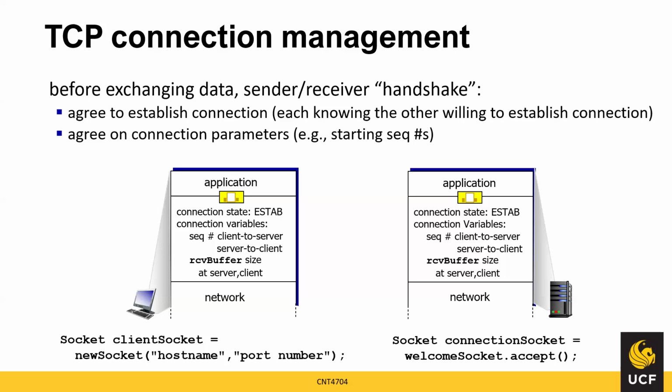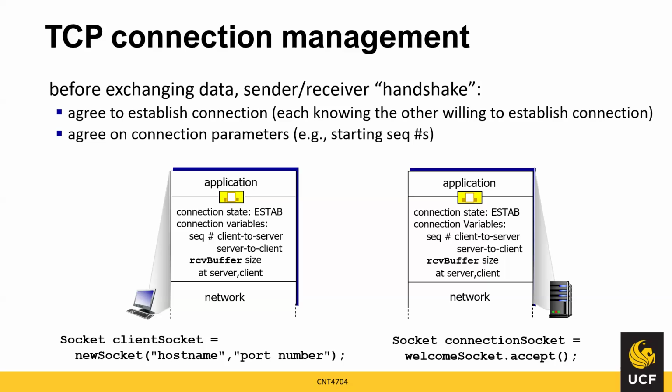This is something related to the programming assignment that we did. On the right, the server is listening and accepting connections. Once it does, both establish shared state variables like the sequence number and the buffer size for flow control. So in short, the handshake is a way for us to define rules before the session initiates.